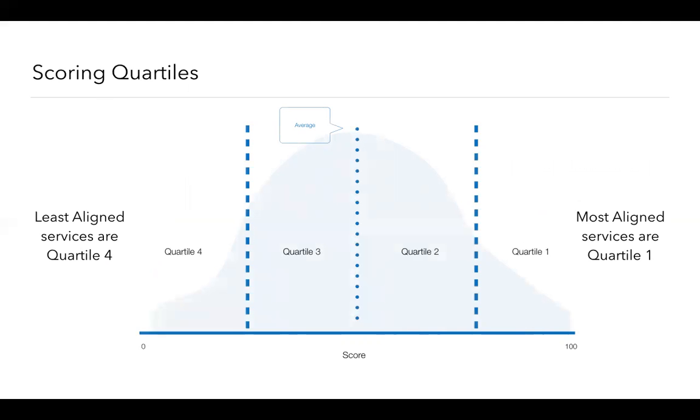I want to reiterate that falling into a lower quartile does not mean that the service is no longer necessary. It's just a suggestion that perhaps that service could be offered in a more efficient way so that some of those resources could be reallocated towards a service that is in higher alignment with your priorities as a city.